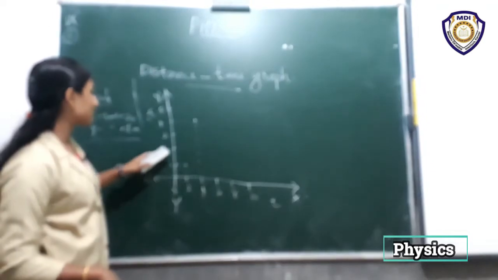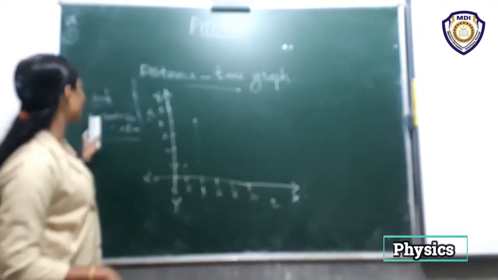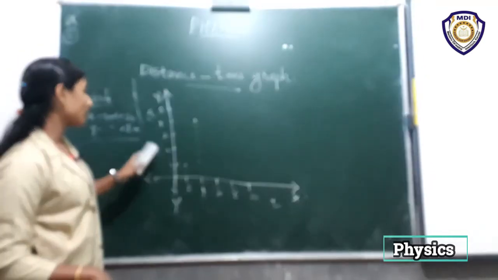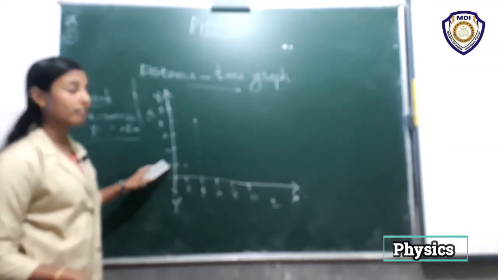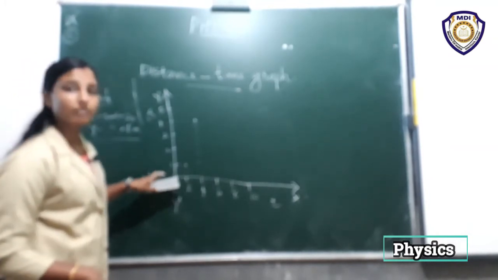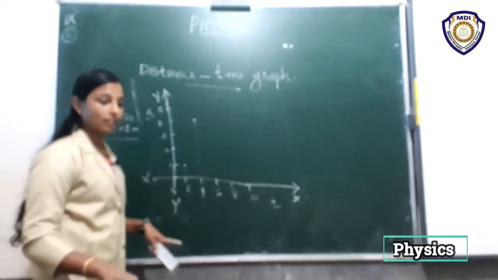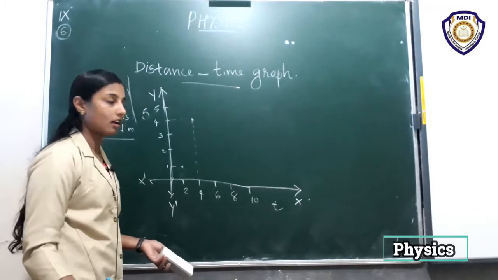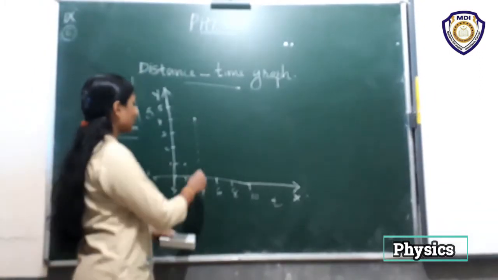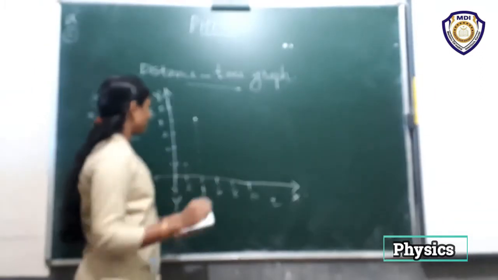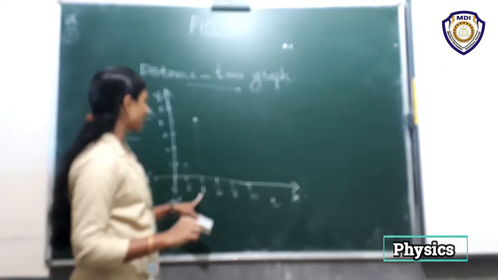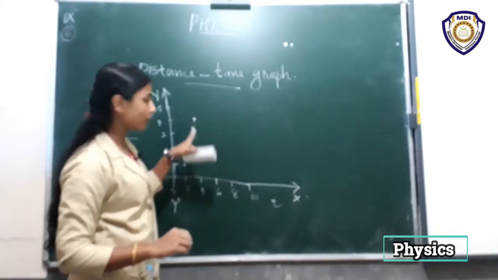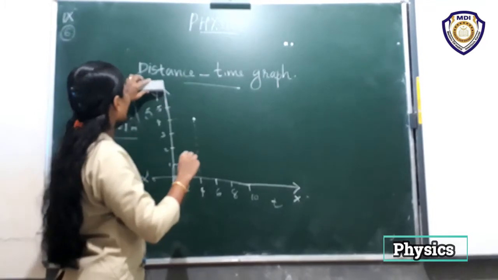If the unit on the y-axis is 5, we take 1 unit as 5. We have some difficulties while drawing this because here the distances in meters are 1, 4, 9, 16, etc. So in 4 seconds it travels 4 meters.